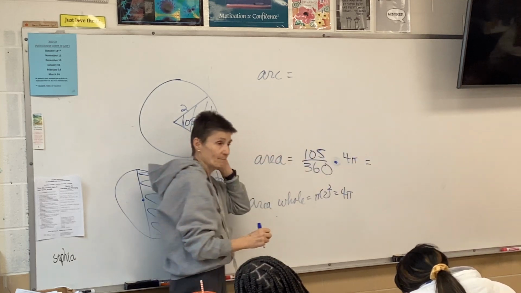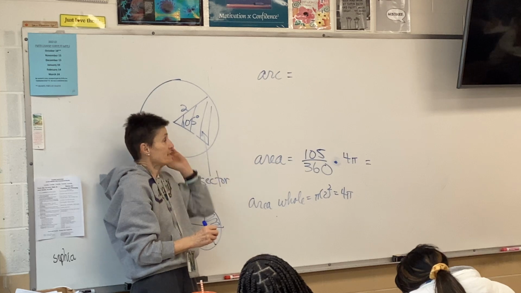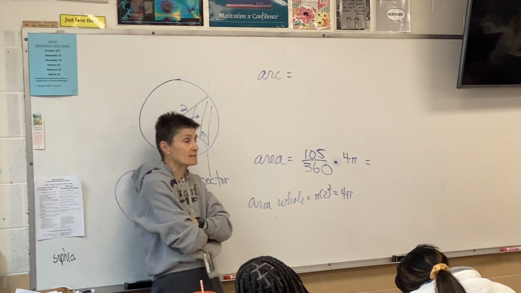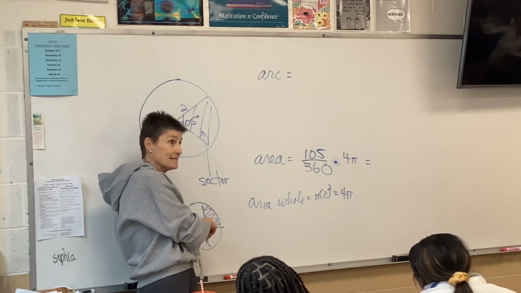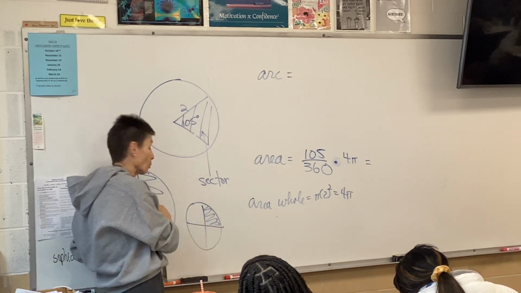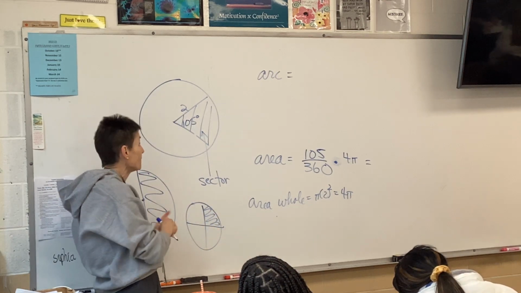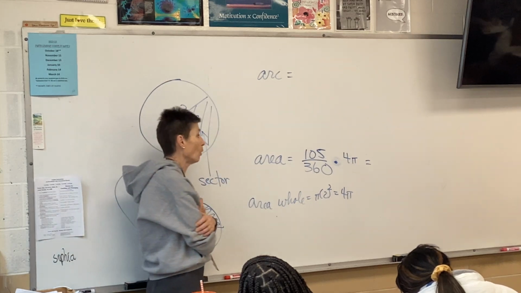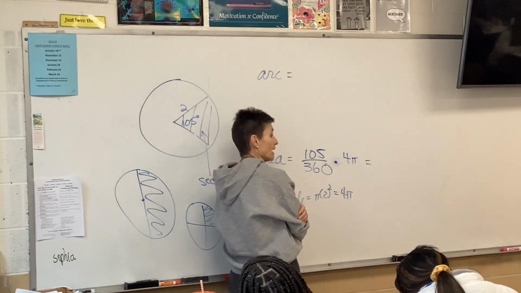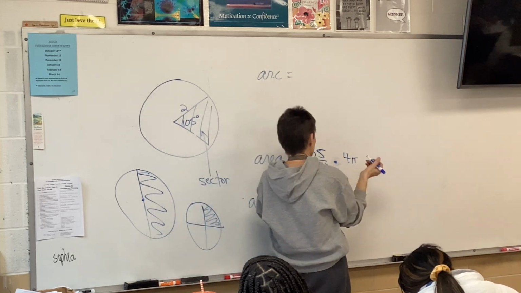Of means times in mathematics. So I take 105/360, that's the fraction. Like this is 90/360, and this is 180/360. That's 105/360 of the whole thing. So you can use a calculator to help you with the arithmetic.